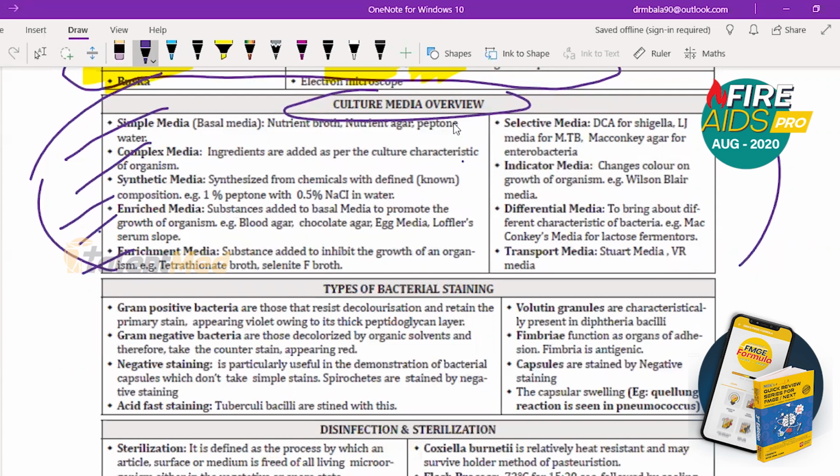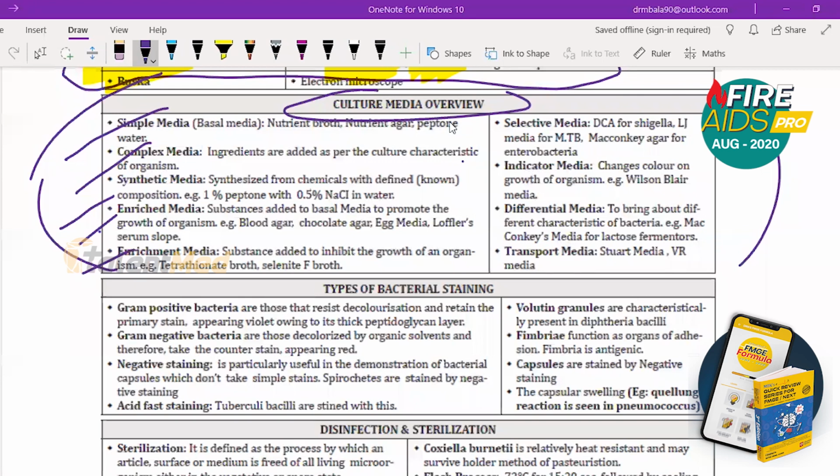These are the different culture medias. Am I clear, everyone? Okay, very good.